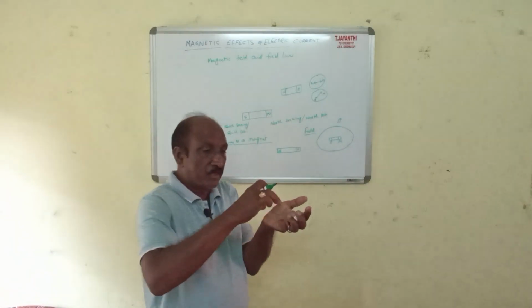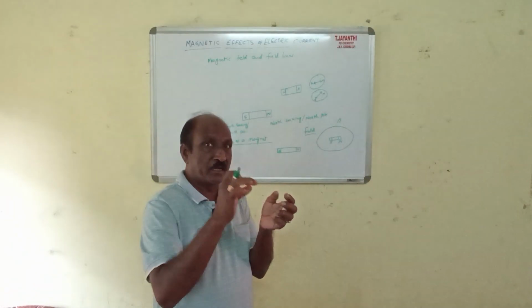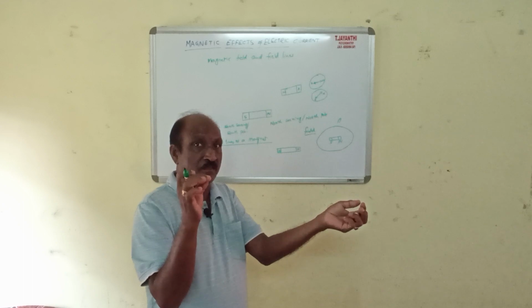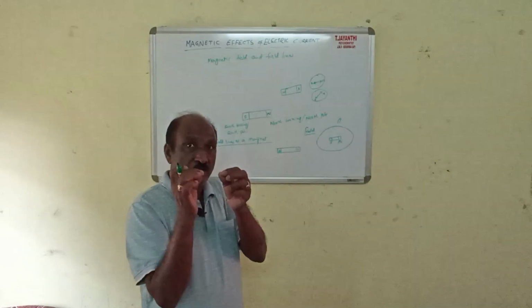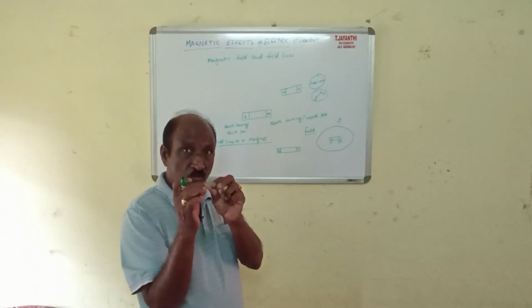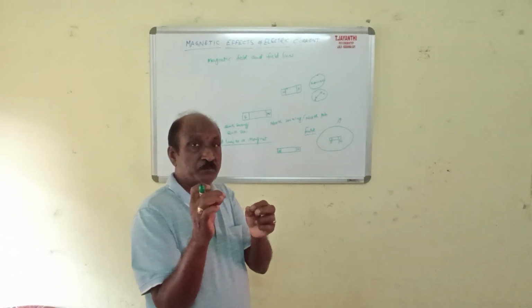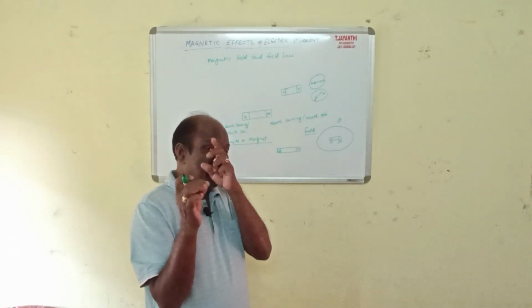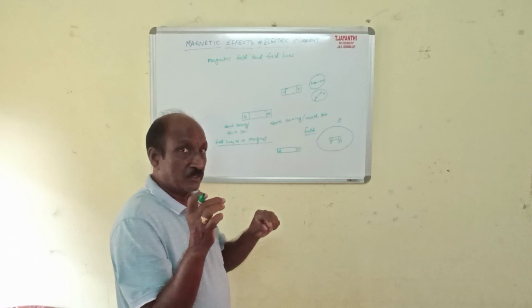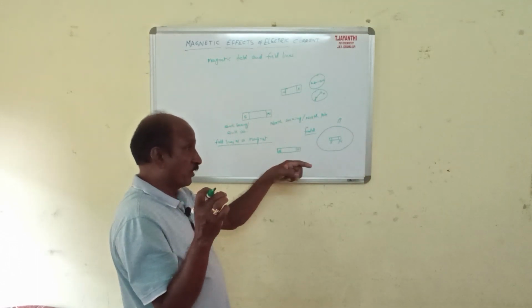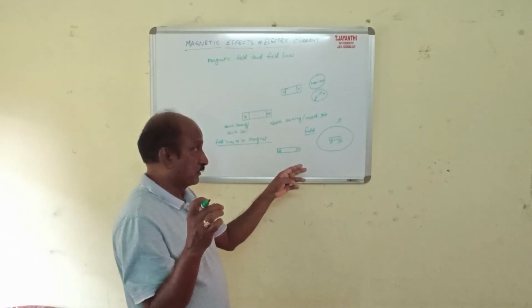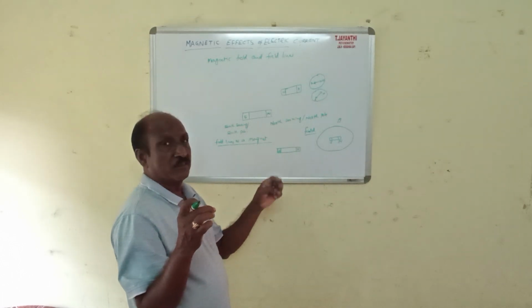if we put a bar magnet in sand, automatically it attracts the iron filings in the sand towards it. So sand is not homogeneous, sand is a heterogeneous mixture. That is why we said sand is heterogeneous. Ordinary soil consists of iron filings also.